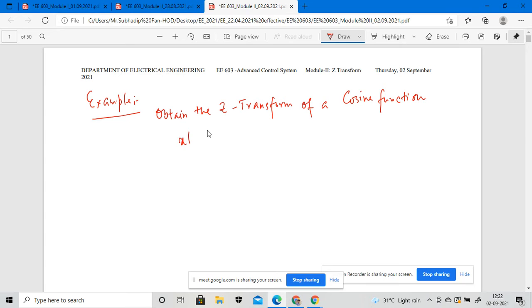The cosine function is x of t, as we consider the time function, right? So the cosine function means we consider cos of omega t, where x of t is equal to cos of omega t when we consider 0 less than t, right? And it will be considered as 0 when t is less than 0.